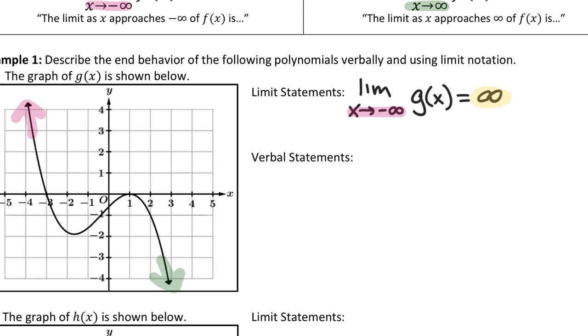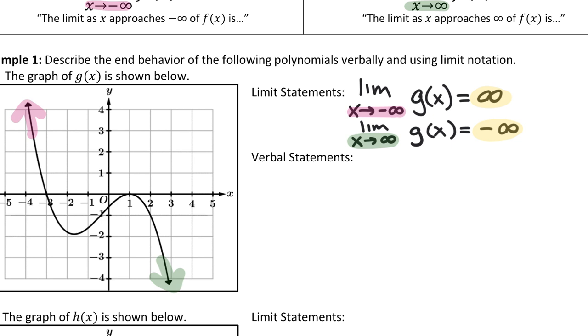The right side end behavior statement would be that the limit as x approaches positive infinity for the function named g of x is this time equal to negative infinity. So again, this part tells me that I'm talking about the right side of the graph, and this number tells me that it's going down. The outputs are going down. Do we see that?